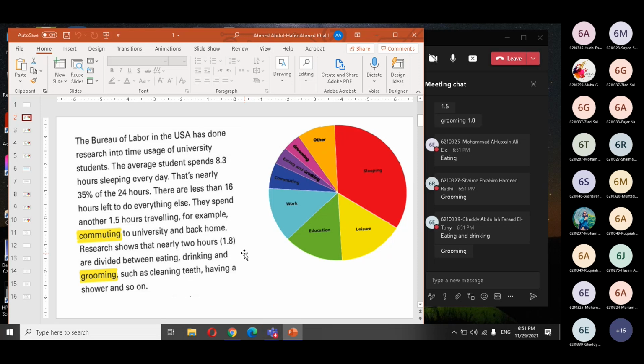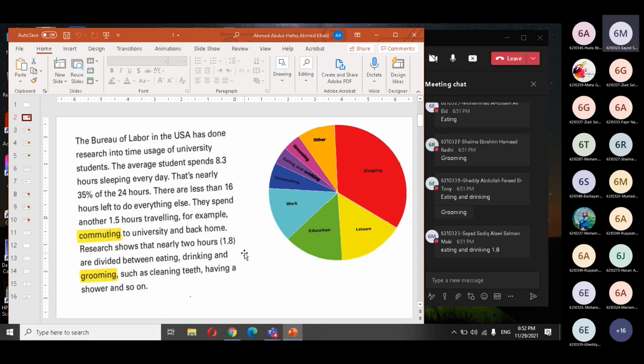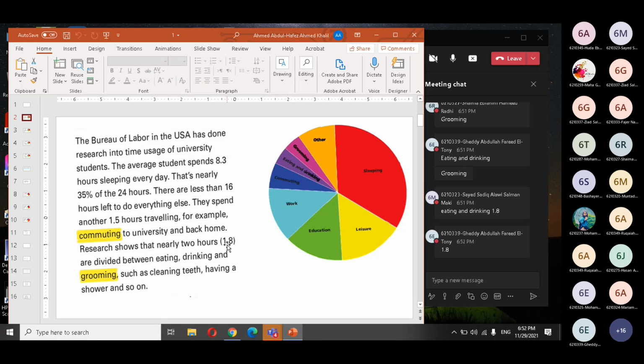Okay. So eating and drinking and the grooming, how much time is given for them? How many hours? 1.8. Okay. Research showed that nearly 2 hours, exactly 1.8, are divided between eating, drinking, and the grooming. In the text, the writer gave 1.8 hours for the two things together.